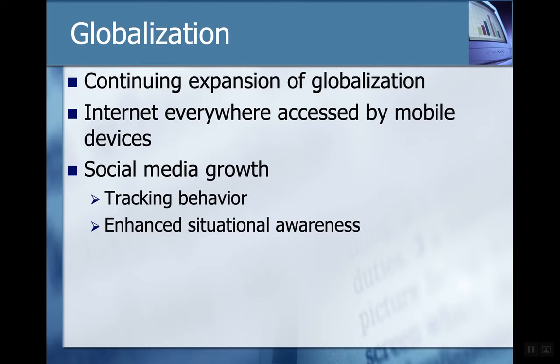The mobile access is definitely social media growth. I mean, the challenge I think with social media has been phenomenal growth. The big issue right now is going to be what to do with that, because it's turning out that a lot of the information that is gathered by social media companies can be used to influence behavior.